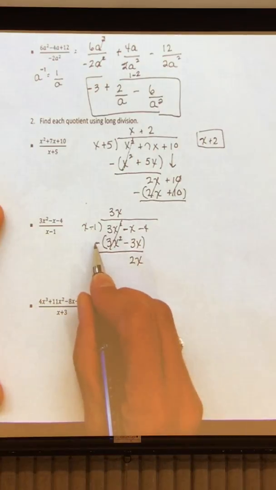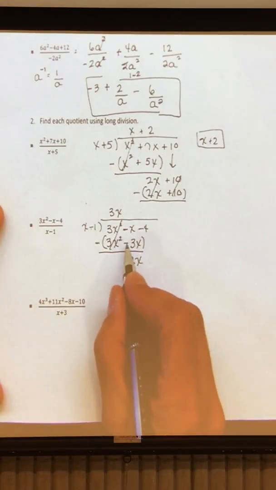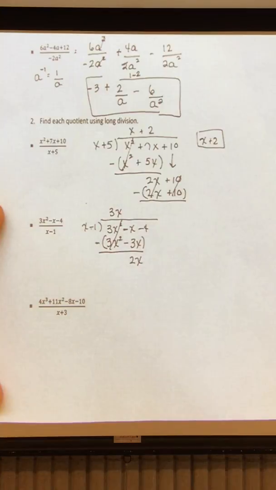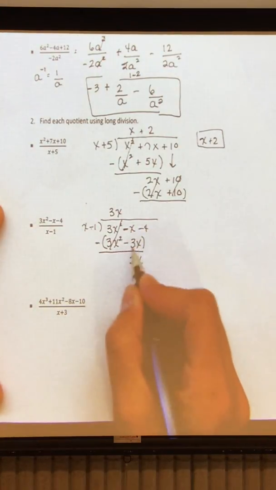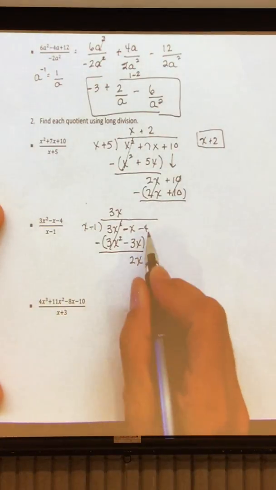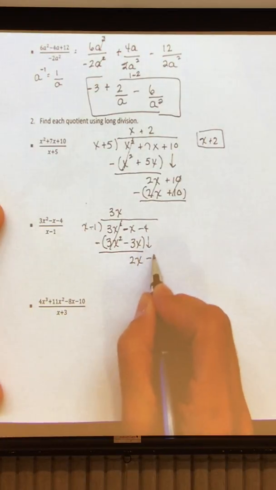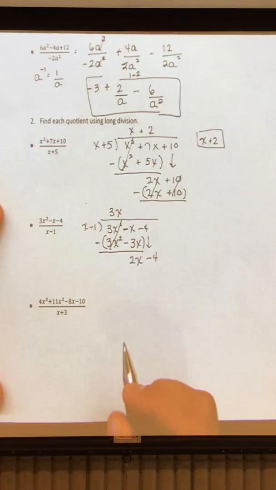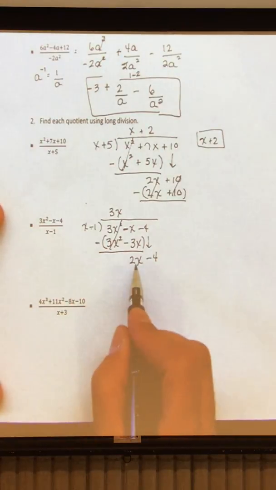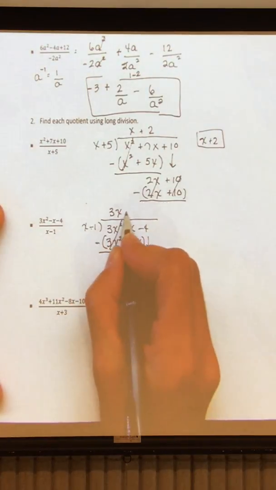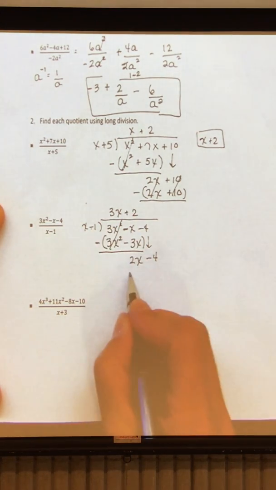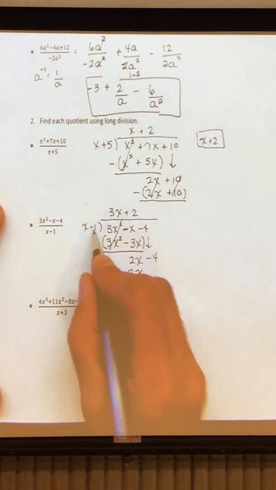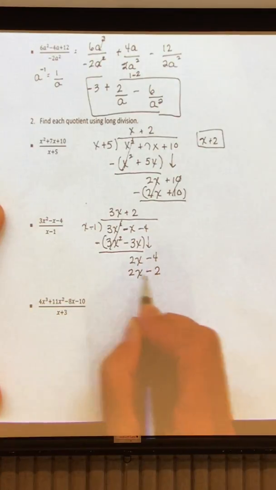Again, don't forget, a negative times a negative is a positive. So negative 1 plus 3 is 2. And then you bring down the negative 4. So x goes into 2x how many times? 2 times. And then 2 times x is 2x. 2 times negative 1 is negative 2.